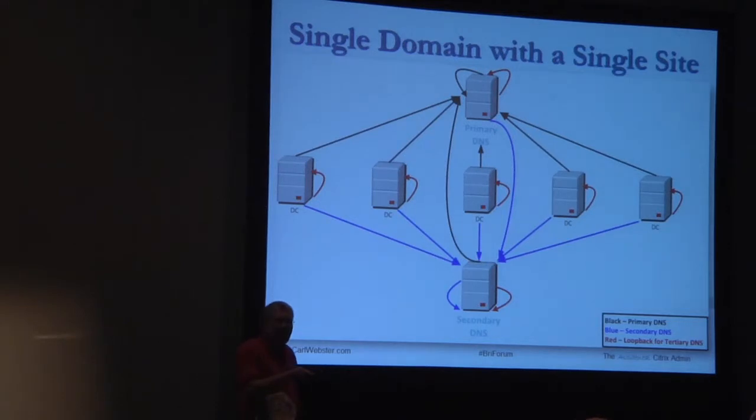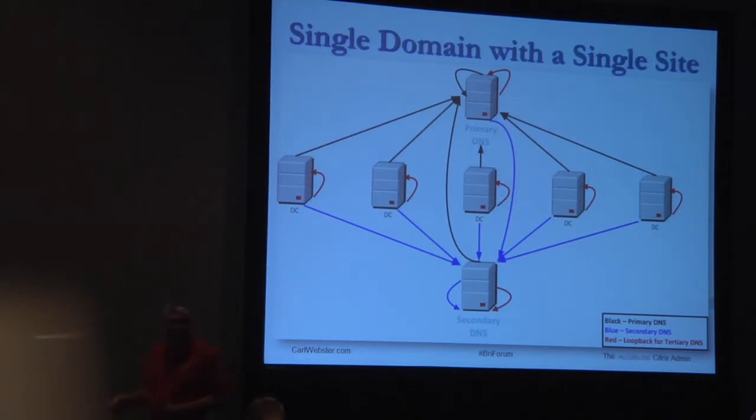The user may have changed it, so it has to go to the PDC emulator and ask, did the user change their password? No, it's the wrong password. When the user changes their password, the changed password immediately goes to the PDC emulator. If someone's account is locked out, it immediately goes to the PDC emulator.